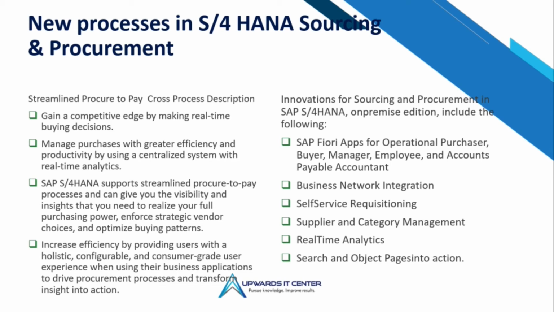And also the streamlined procurement to pay can give you visibility, insights to improve your process and have a strategic vendor choice. Here with S/4HANA, you don't react only with the market changes, but you are acting in advance and you have real information to take the decisions much faster.